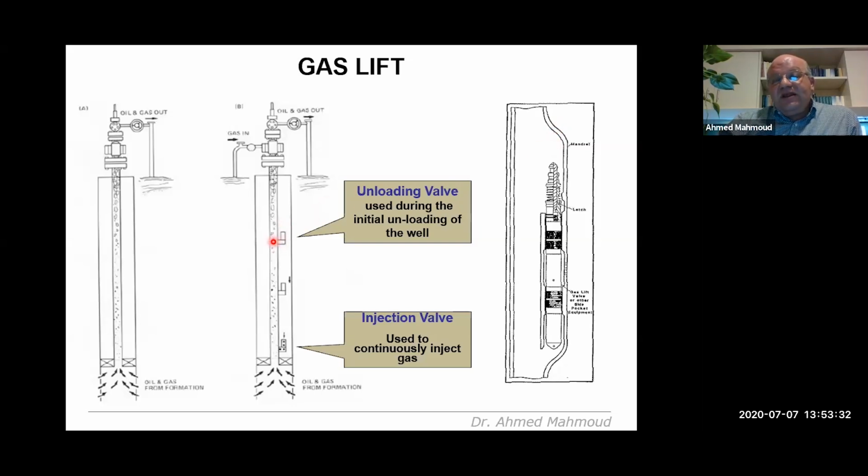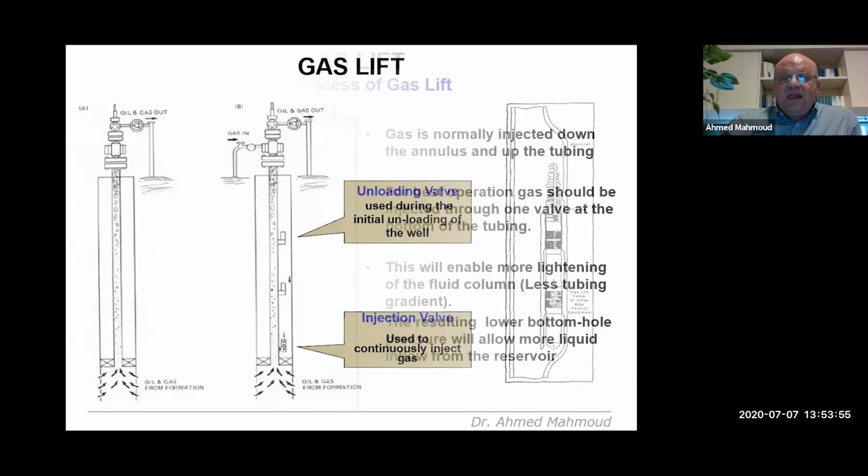It starts opening the valve, it injects gas, which reduces the hydrostatic column, and then the second one starts to reduce the hydrostatic column, and then the very last one will stay open all the time and continue to reduce the hydrostatic column, which will lift the fluid, and you have a much bigger drawdown delta P, so it is motivating more fluid to come in from the reservoir to the well.